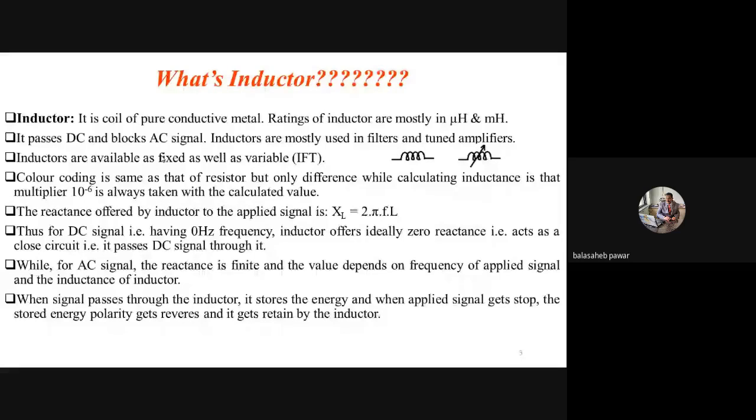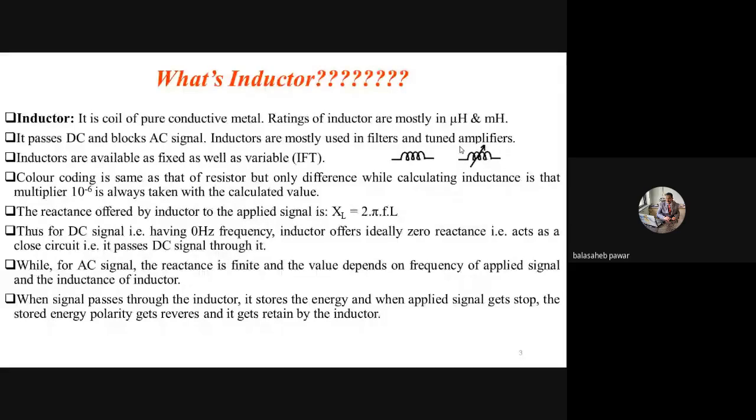And in tuned amplifiers, you might have heard about this amplifier, that is the tuned amplifier, or you might have been using it. See, you all people nowadays use FM, Radio Mirchi and all that, 98.3. So that 98.3 megahertz is the tuning frequency of that amplifier, which is available in our mobile handset.